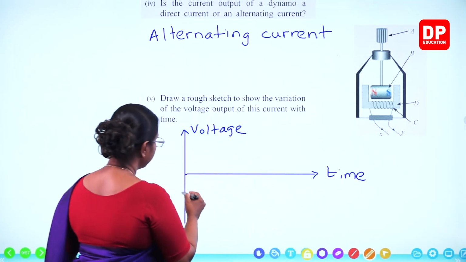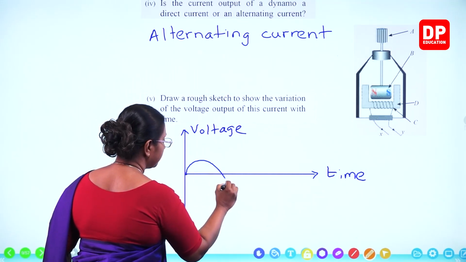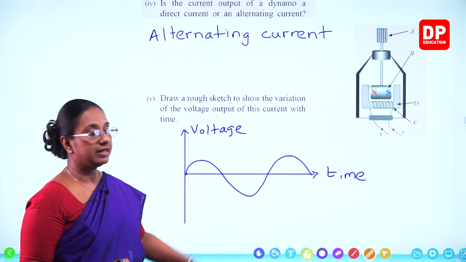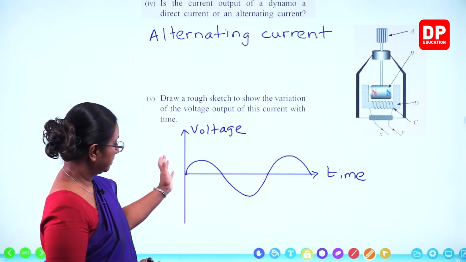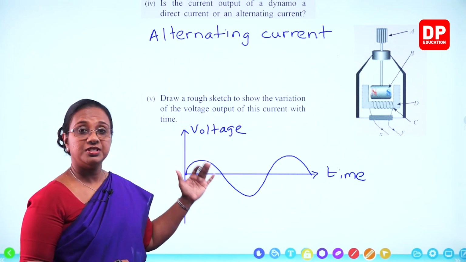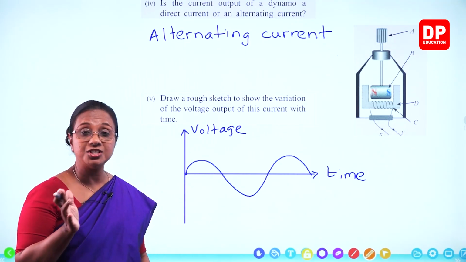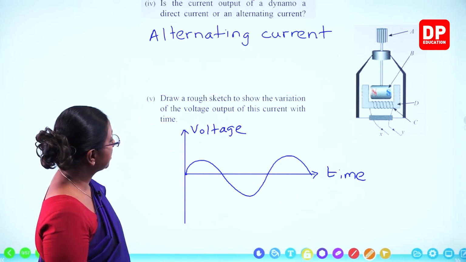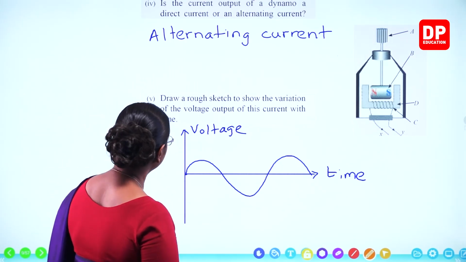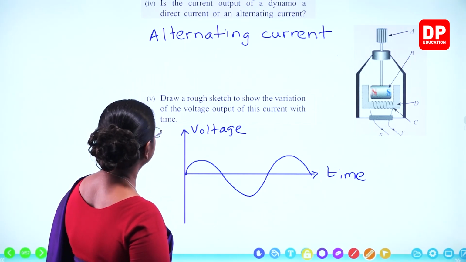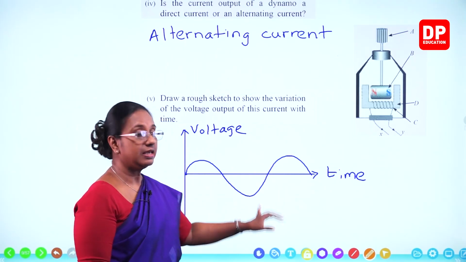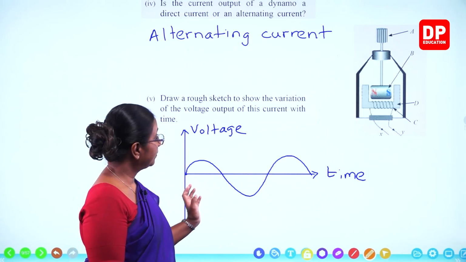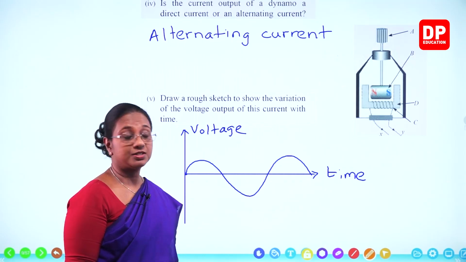If it is an alternating current, you can remember it goes like that. You get the positive current and the negative current. The current has both sides, the positive and the negative currents. The direction changes with time. So you can see that is a rough sketch. Is that clear? So with that, I will move on to the next question.